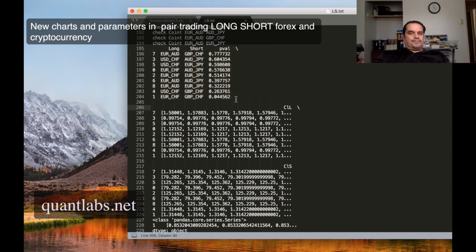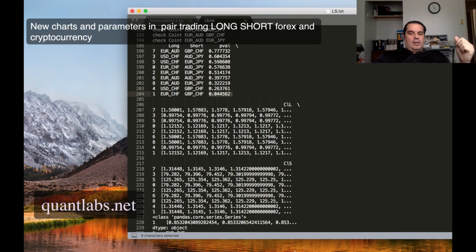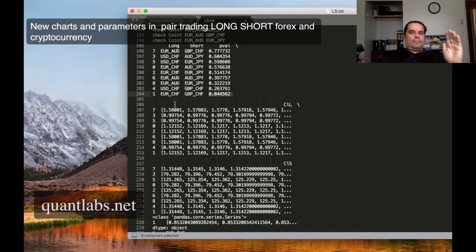Now, from what I understand, potentially this is past co-integration p-value for the 1,000 data points compared against these two. Now, when I say the price ratio, this blue line, that's the price ratio. And that's the ratio between here and here.